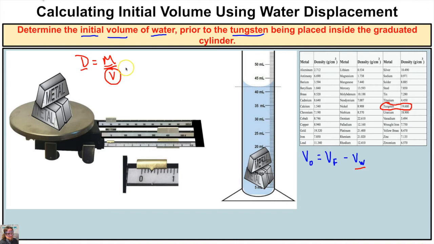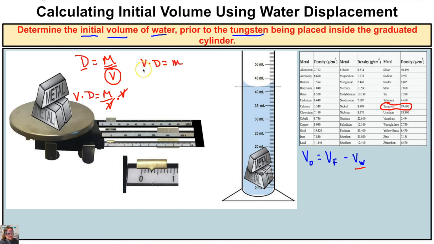Well, we're going to have to manipulate this formula and solve for V. So let's go ahead and do that. If we know that density equals mass divided by volume, we want to get rid of the fraction here, so we're going to multiply by V on both sides. V now cancels, and what we're going to end up with here is volume times density equaling mass.